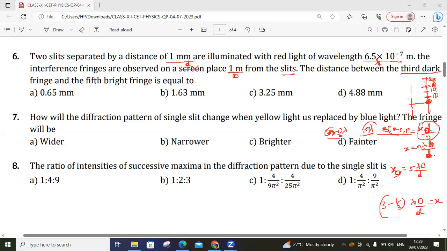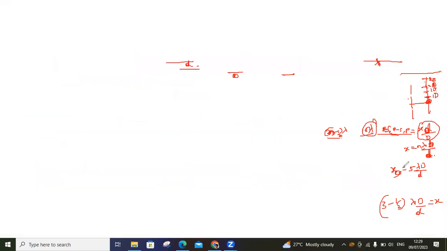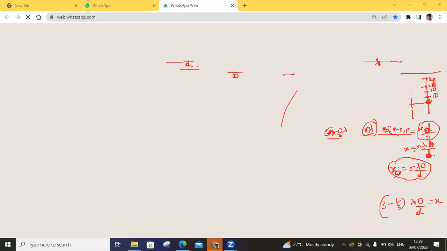So when path difference is n lambda, it is a bright fringe. If you put n equal to 0, you get the 0th bright fringe, n equal to 1 the first bright fringe, n equal to 5 the fifth bright fringe position. Then for a dark fringe, path difference should not be n lambda; it should be n lambda with lambda by 2 extra or less.